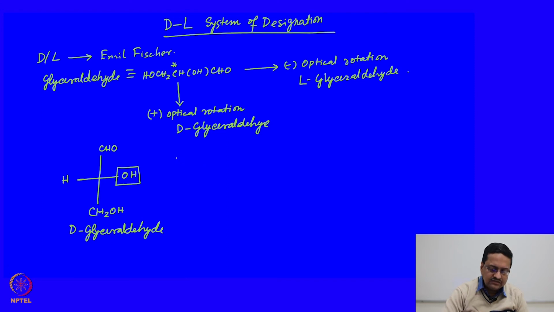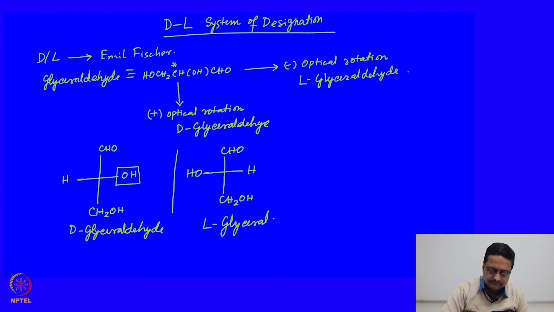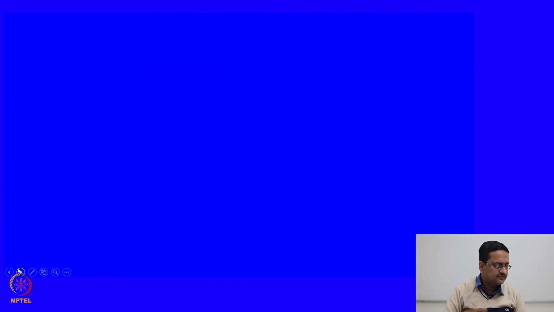And the other one, which is essentially the mirror image, he identified that as L-glyceraldehyde. So, this concept of designating D and L was then continued for a few years, and similar compounds having one chiral center were designated using these D and L notations.